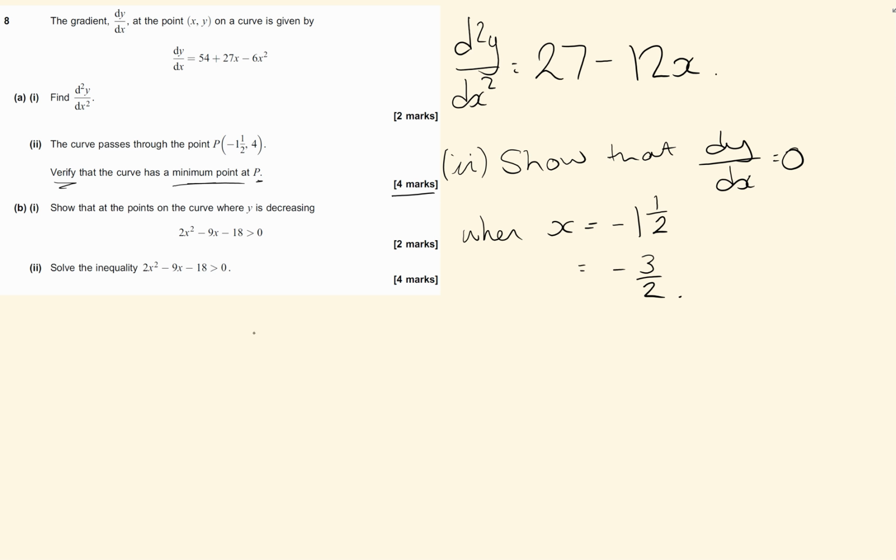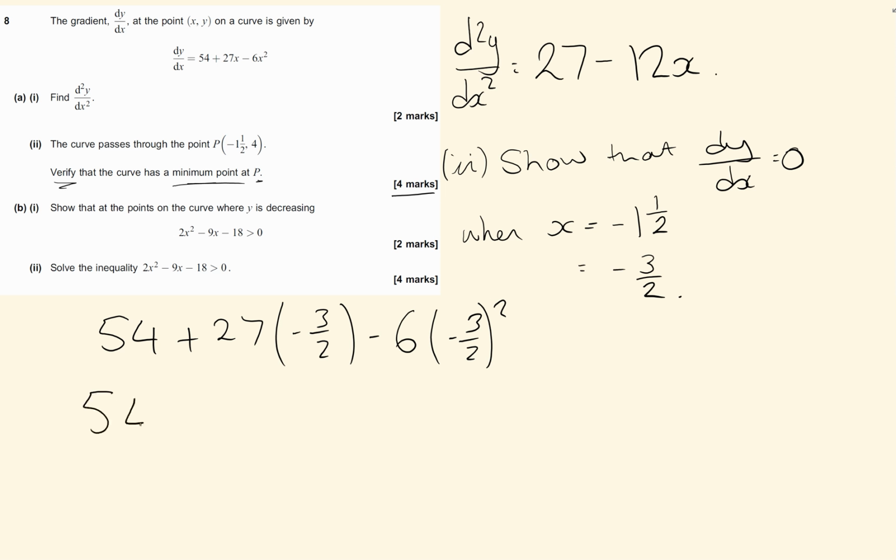So we've got 54 plus 27 lots of minus 3 over 2 minus 6 lots of minus 3 over 2 squared. So 54 plus, now here actually it's going to be negative, isn't it? Because if I times it by 3, 27 times 3 is 81, so minus 81 halves.